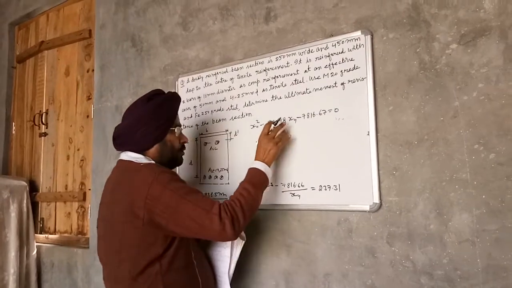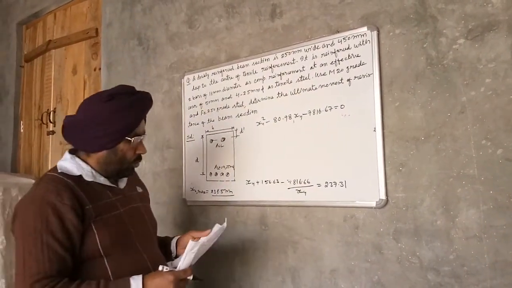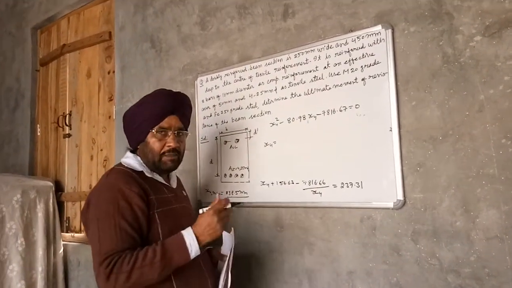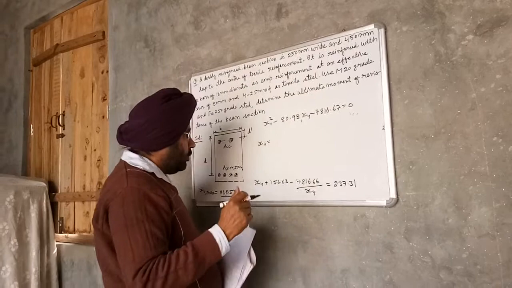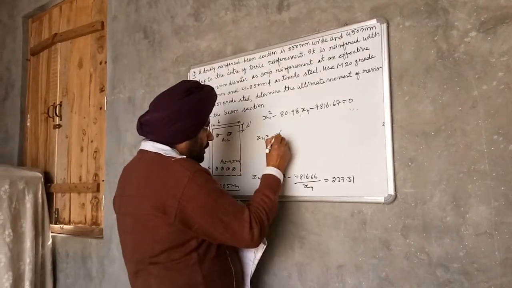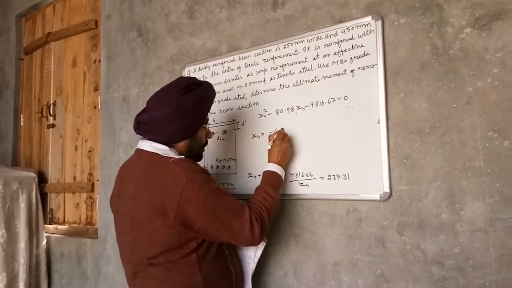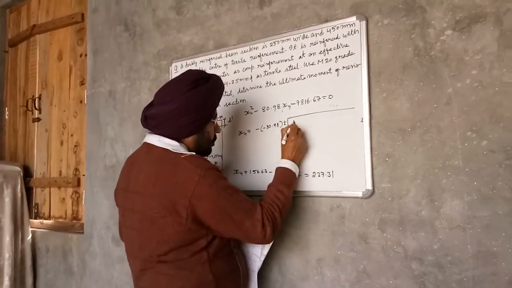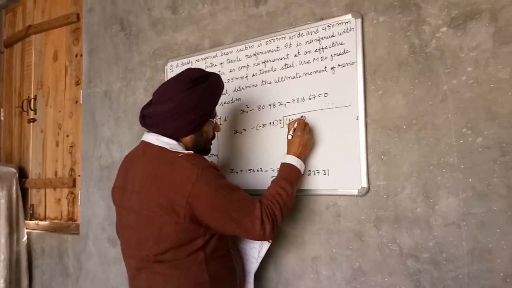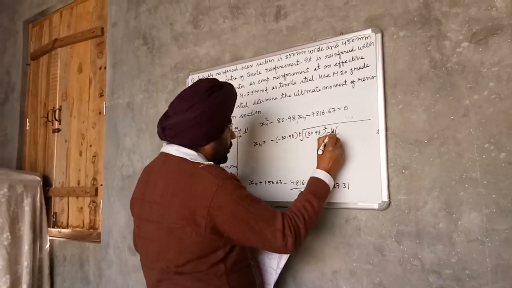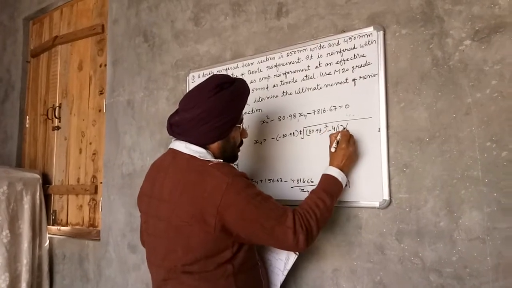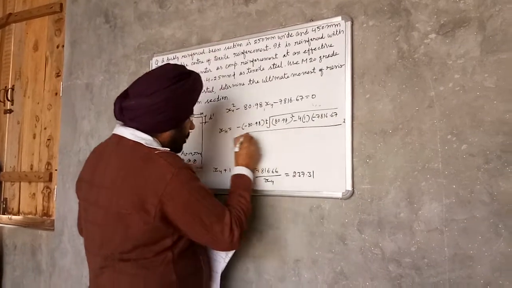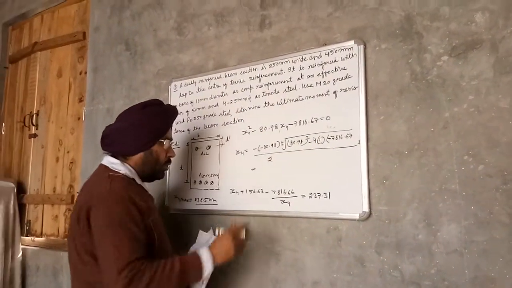This is a quadratic equation in XU having two values. The solution is XU is equal to minus b plus minus square root of b square minus 4ac, upon 2a. So this is minus 80.98 plus minus the square root of 80.98 square minus 4ac, where a is equal to 1 and c is minus 7816.67, upon 2.